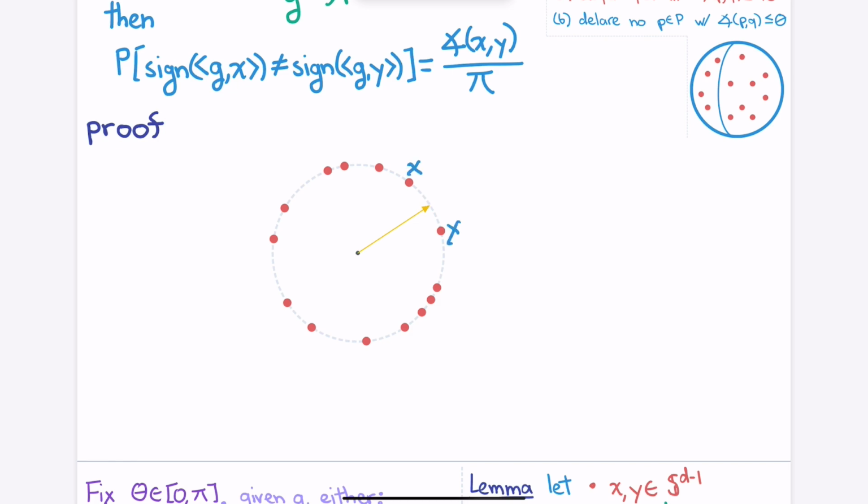So if this was x and this was y, right, and I drew lines through, sorry, my x and y look the exact same. So in 2 dimensions, there's 2 pi total choices. And if I'm in this sliver or the opposite sliver, that's the only time they get split.